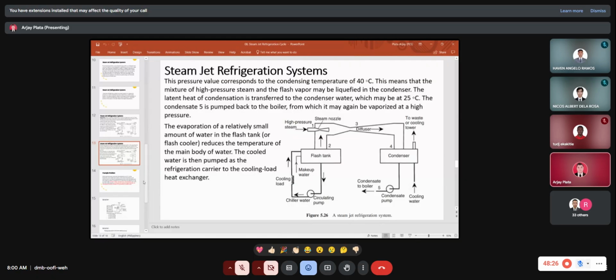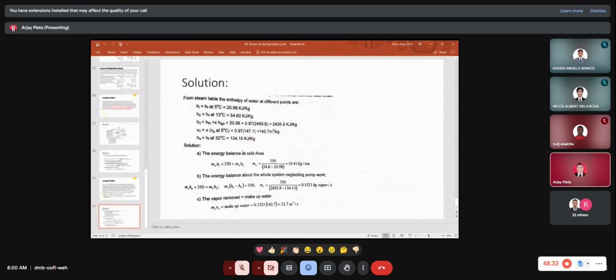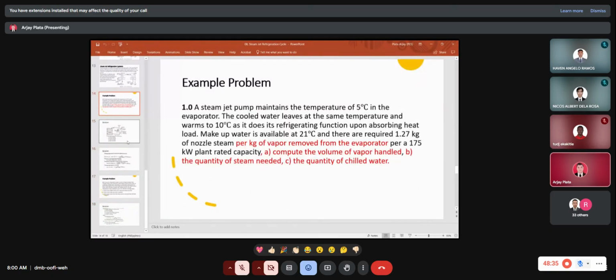So that's the concept of steam jet refrigeration system. So I think we can now solve some sample problems here. So let's start. A steam jet pump maintains the temperature of 5 degrees Celsius in the evaporator.